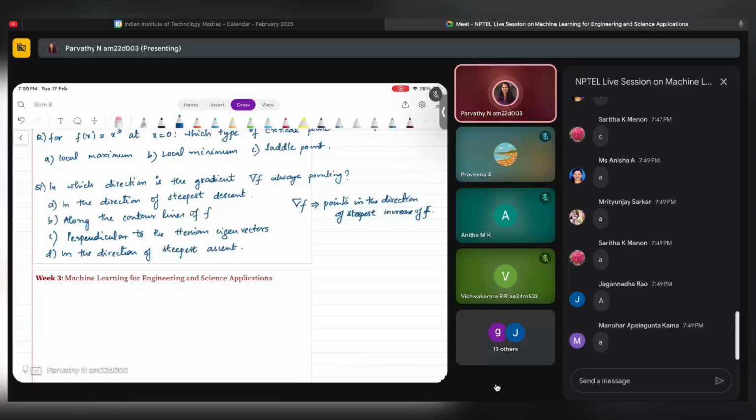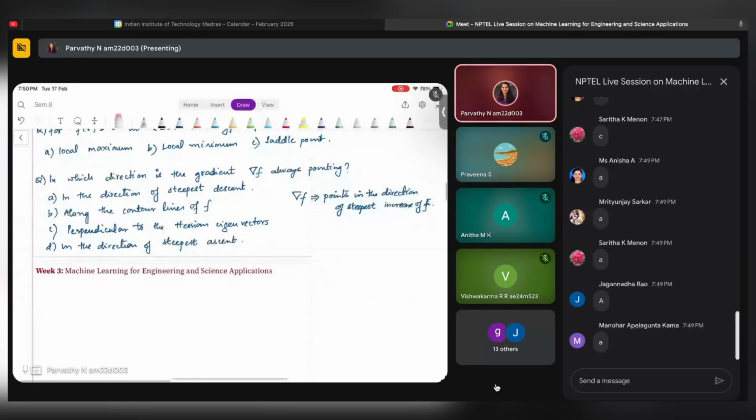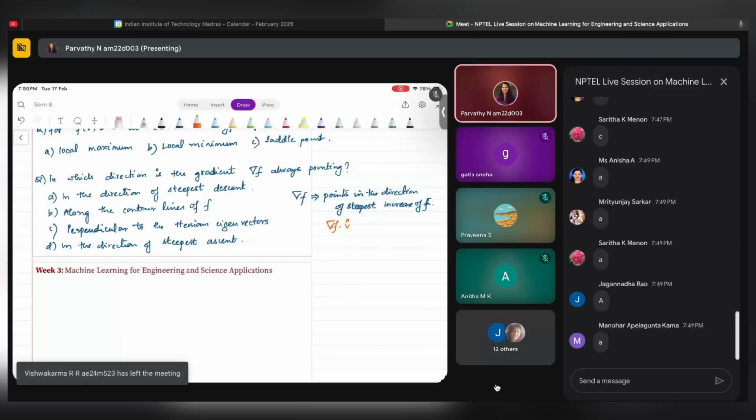So there was that video where sir takes the directional derivative of f along the vector v, and this can be written as the magnitude of the gradient of f times cos theta, and this is maximum when theta is equal to 0.